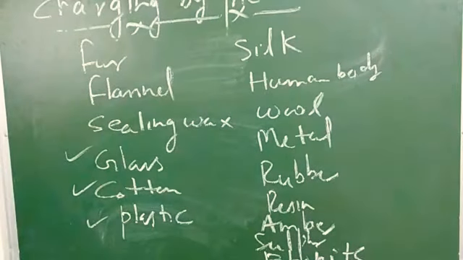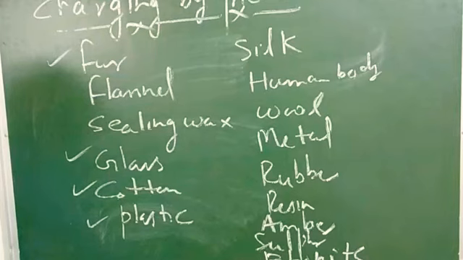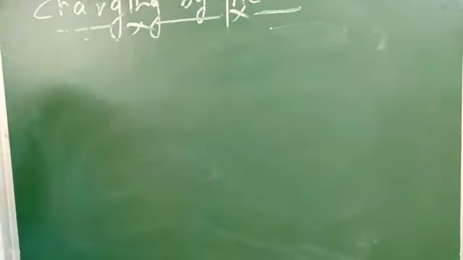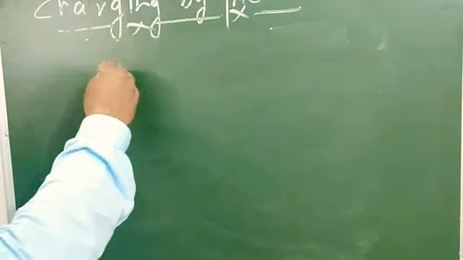Thus by using this series we can tell which one will be positively charged and which one negatively charged. When two bodies are rubbed with each other, one will be positively charged and the other negatively charged.